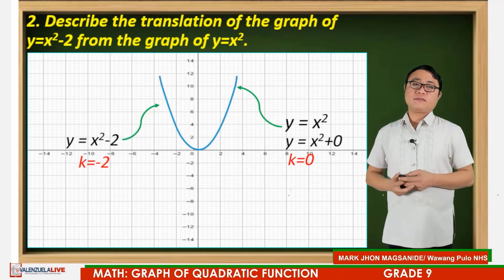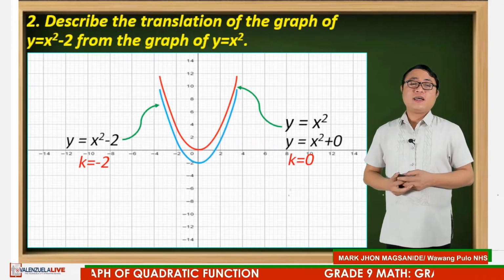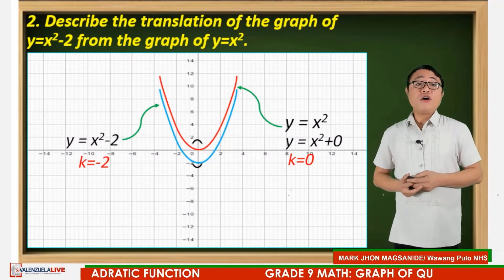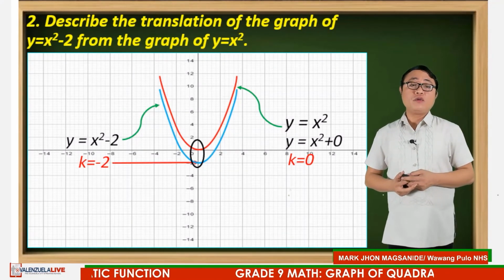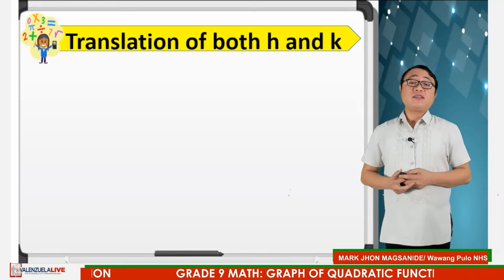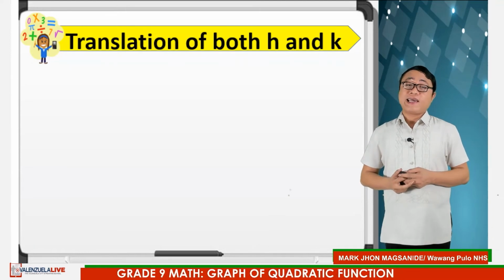There. Let us now see the translation of the graph of y equals a times (x - h) squared plus k when both values of h and k change.